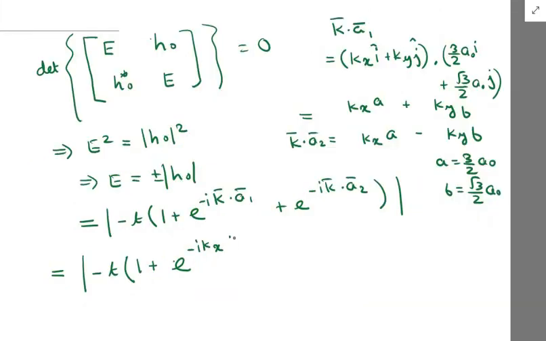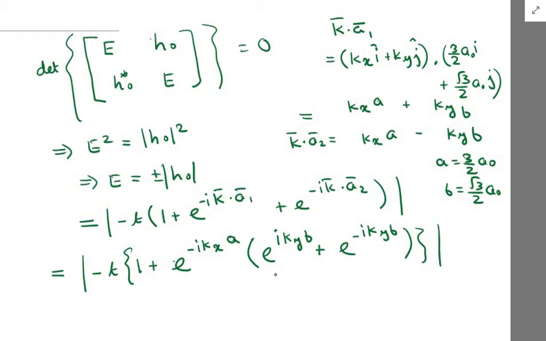So we have minus t times 1 plus e to the power I kxa, and in the second bracket e to the power I kyb plus e to the power minus I kyb, mod, and this is equal to twice the cos of this argument over here.